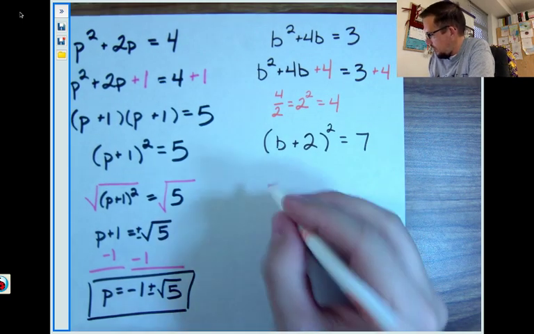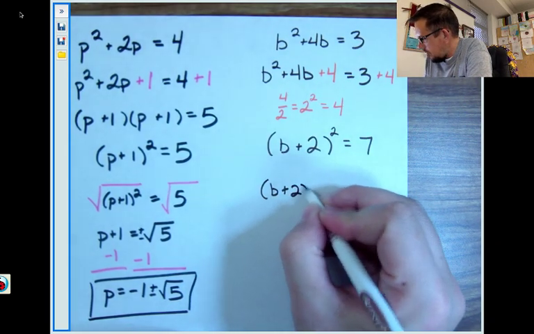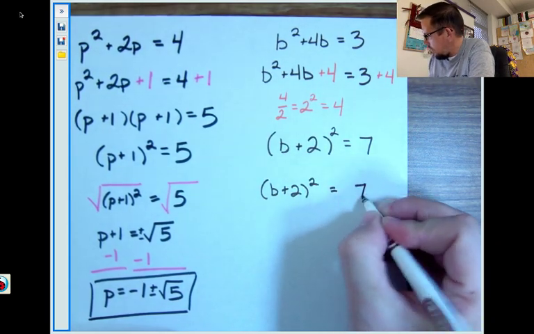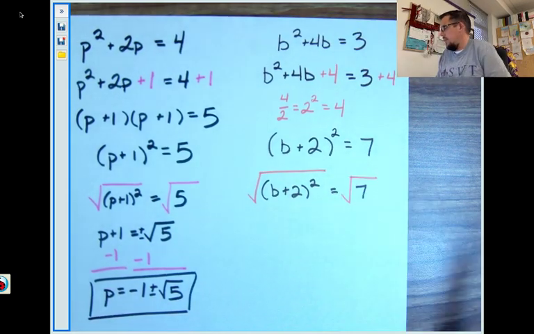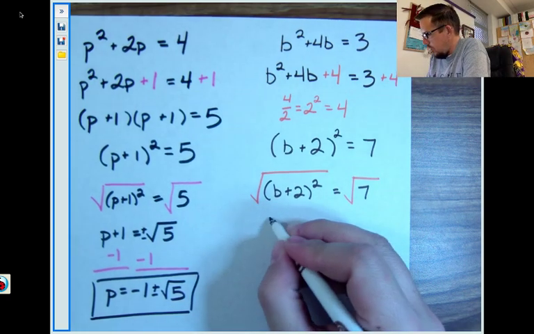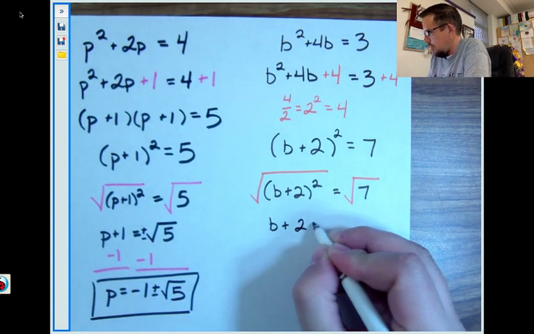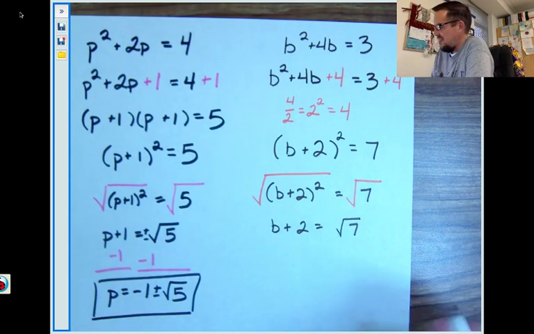So I've got (b plus 2) squared, square rooted, and I've got 7 square rooted. Square root both sides, and I get b plus 2 equals plus or minus the square root of 7.